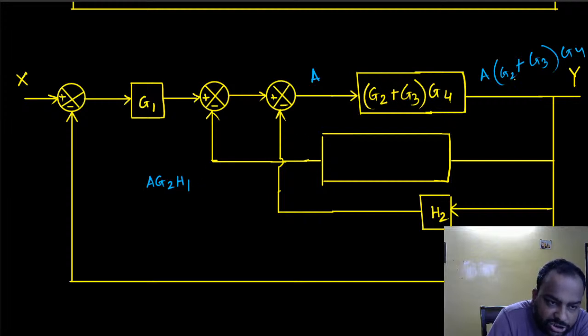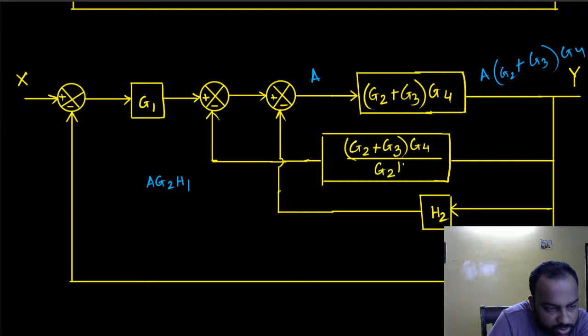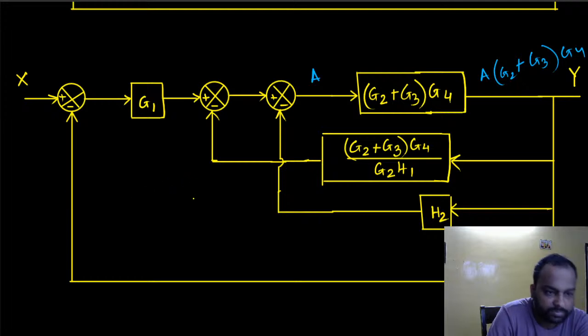The output is A(G2 plus G3) into G4, and I divide this by A G2 H1. So this is going to be (G2 plus G3) into G4 divided by G2 H1.